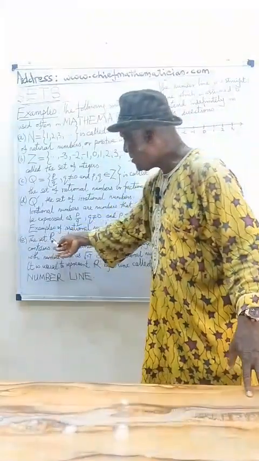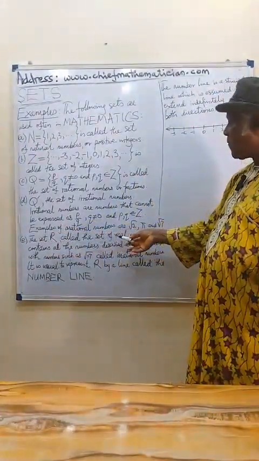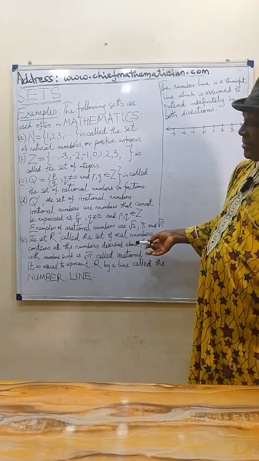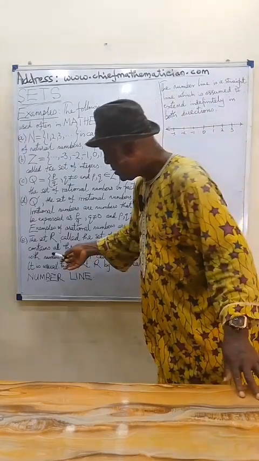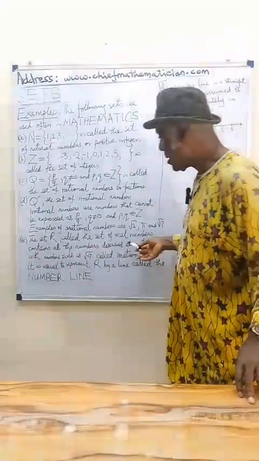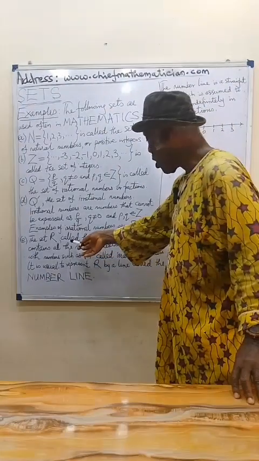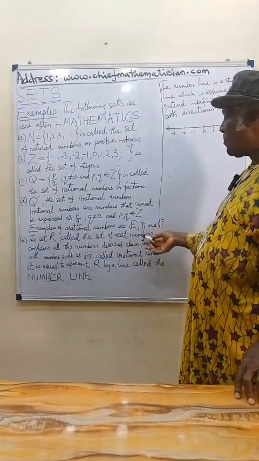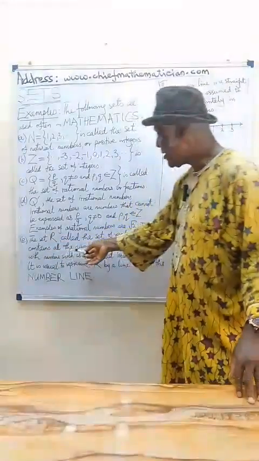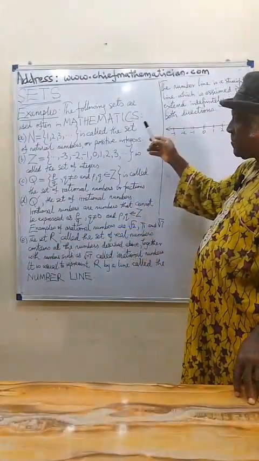The set R is called the set of real numbers. The set R contains all the numbers described above.